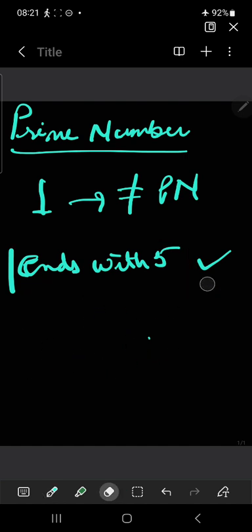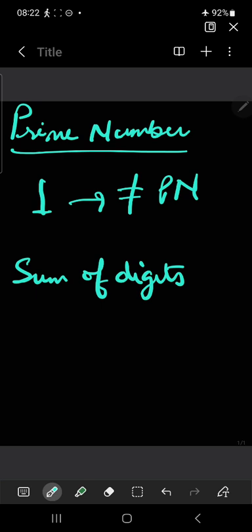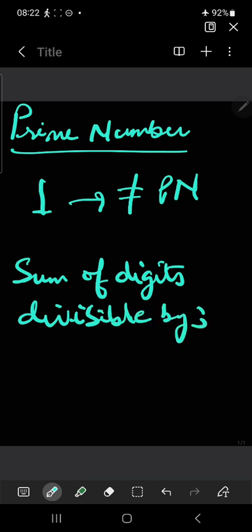We also know the divisibility rule of 3. Divisibility of 3 says that if the sum of digits is divisible by 3, then the number is divisible by 3.